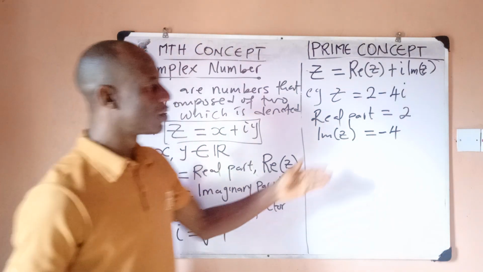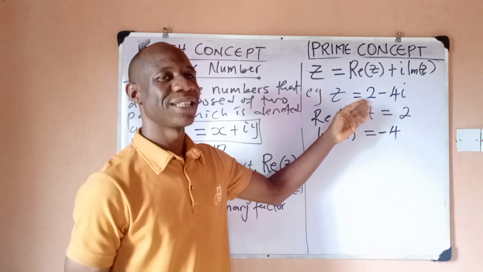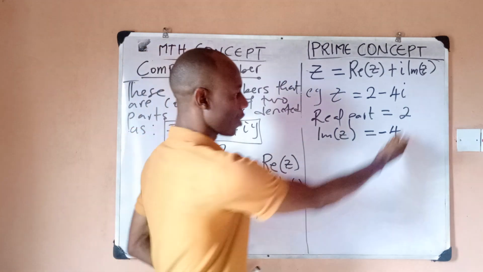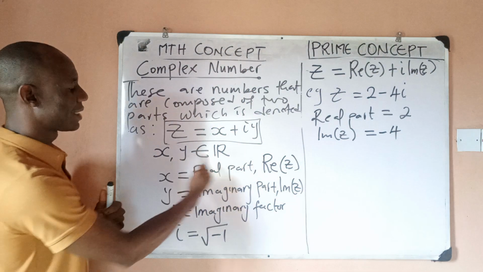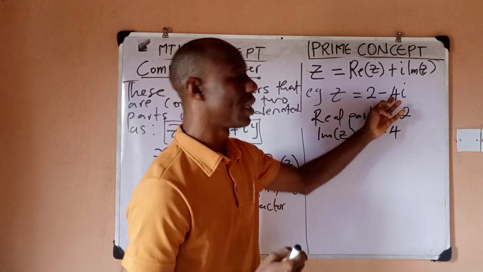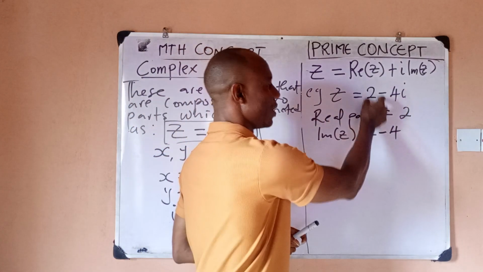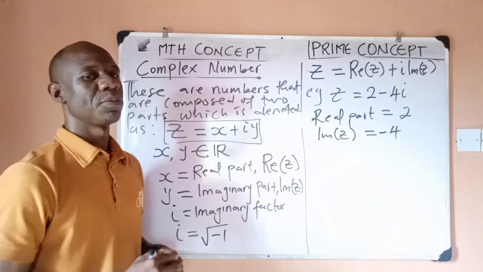And you would have quickly noticed that every complex number is made up of real numbers. Obviously 2 and -4 are real numbers. That is what we've earlier stated. So when you put them together in this notation, this is the real part and this is the imaginary part of this complex number.